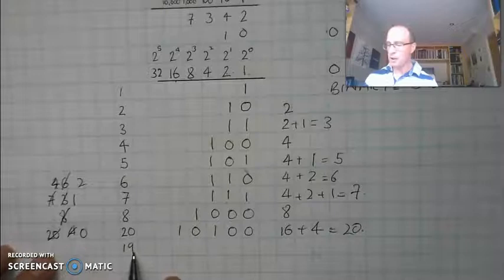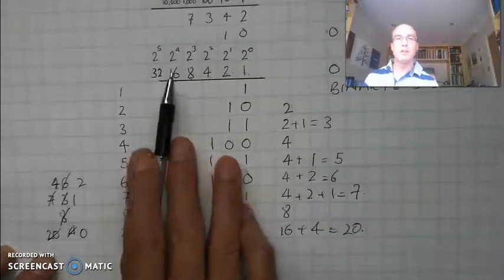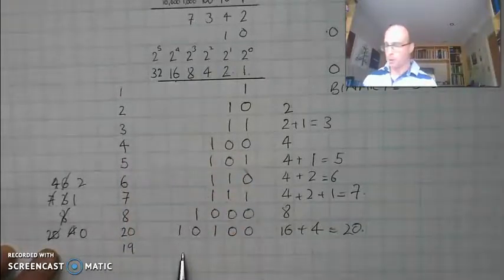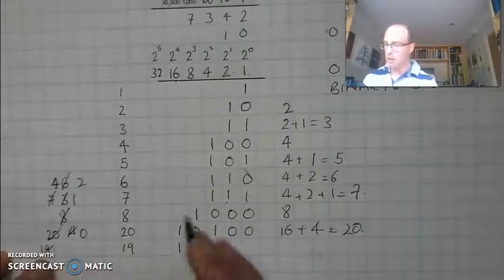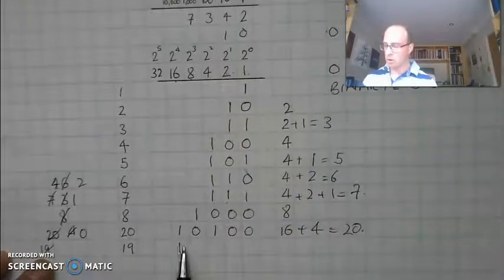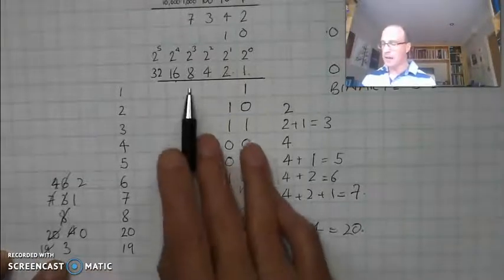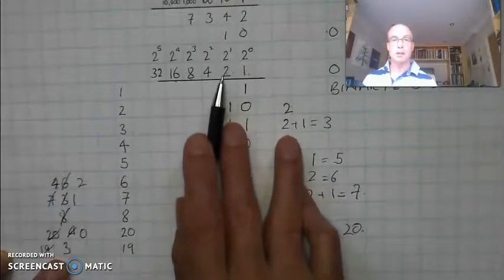Last example, 19. Well, again, 32 is going to be way too big. 16 is going to work though. I am going to need to use one of my 16s. So let's bring it down. I'm starting with 19. I've got my 16 there already. So that's going to leave me 3. So the 8's not going to fit, the 4's not going to fit, but I am going to need a 2.